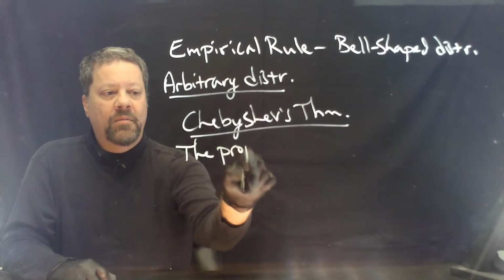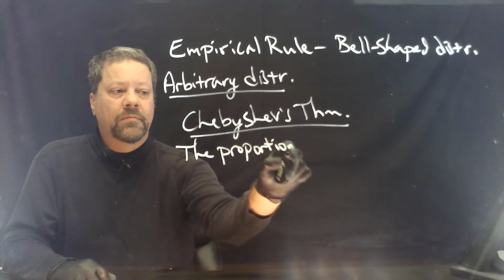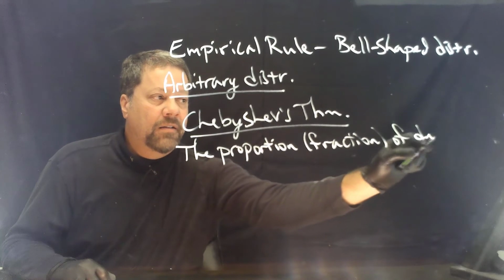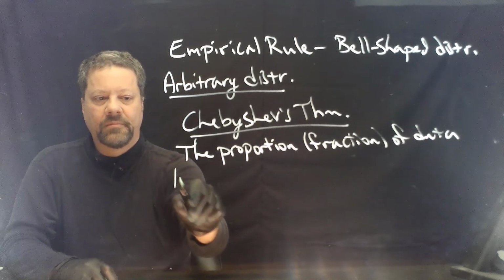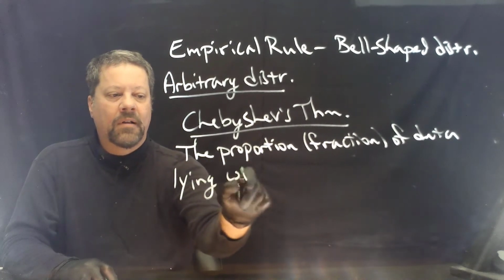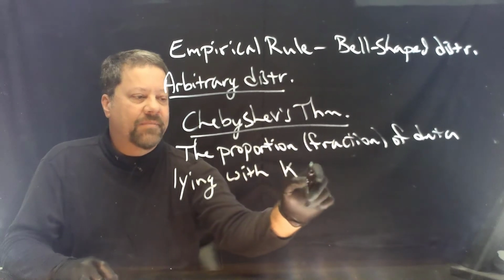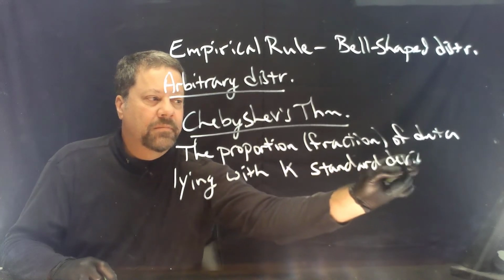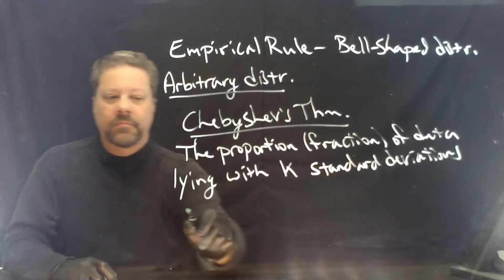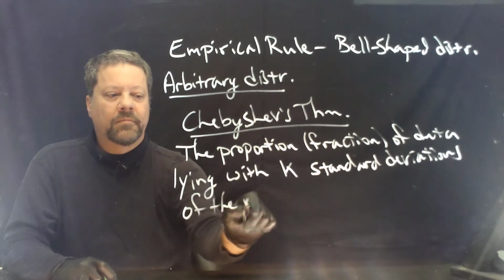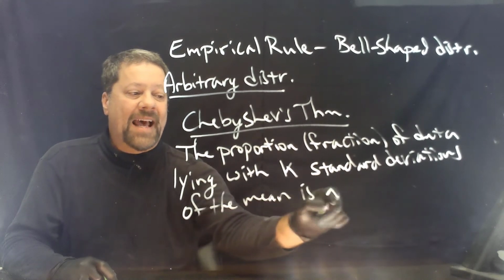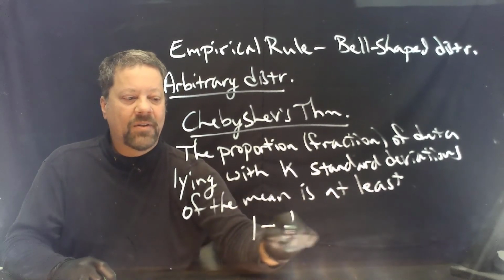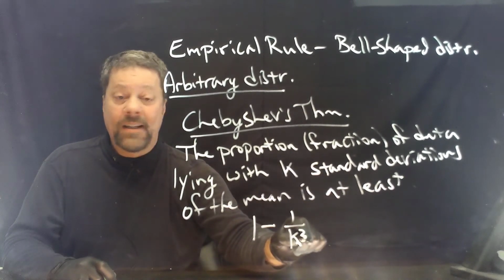The proportion or the fraction of data lying within k standard deviations of the mean is at least 1 minus 1 over k squared.